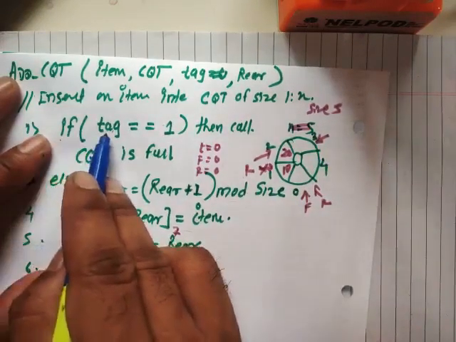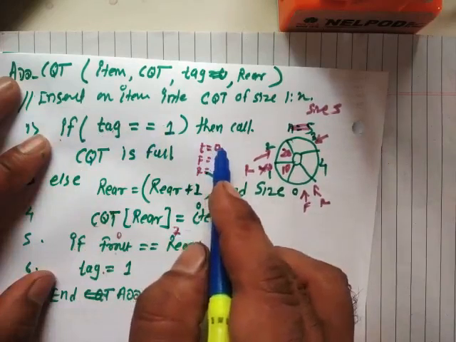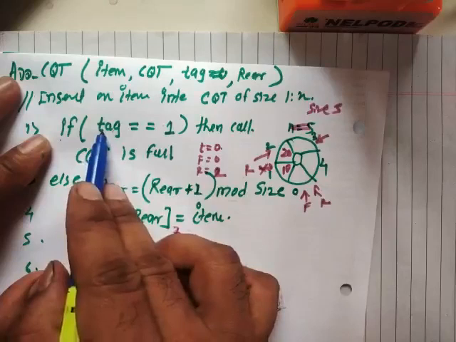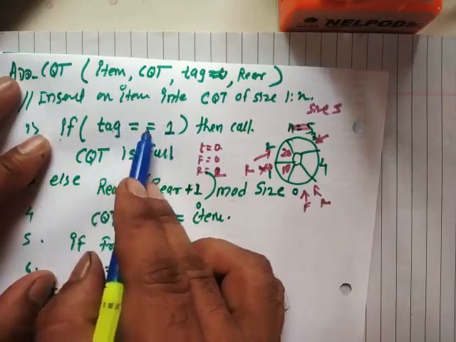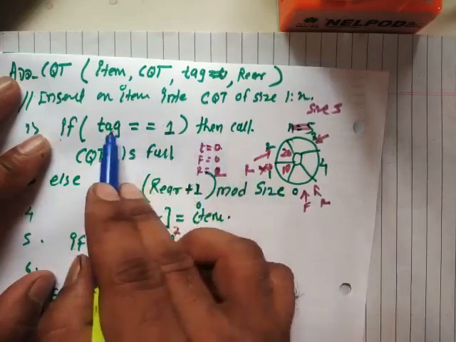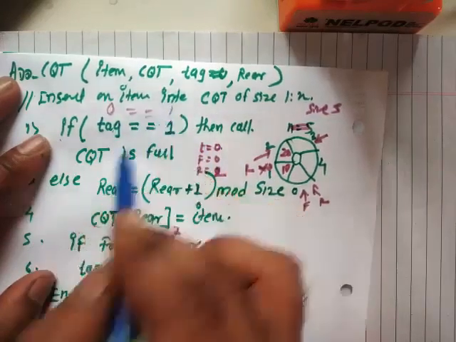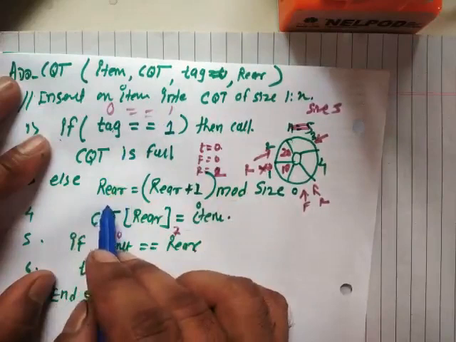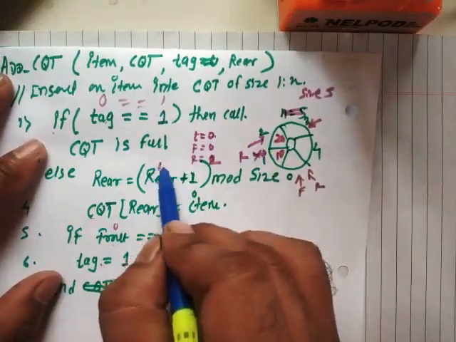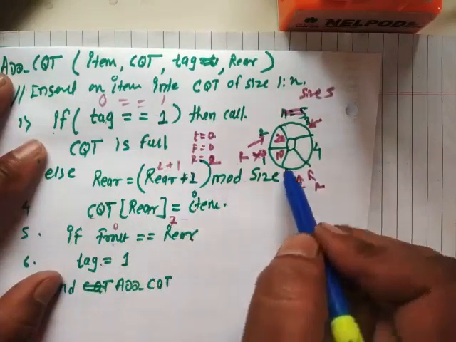Again we are going to add one more element. Check the condition: is tag equal to 1? The tag value is 0, and 0 is not equal to 1, so the condition is false and it will jump to the else part. In the else part rear value is 2, 2 plus 1 is 3, 3 mod size is 3.